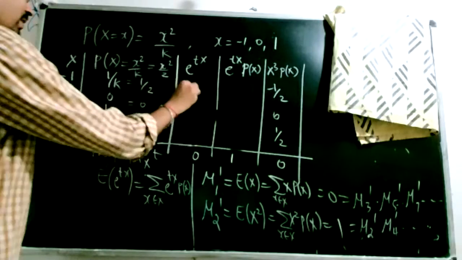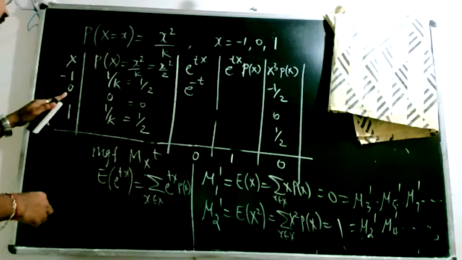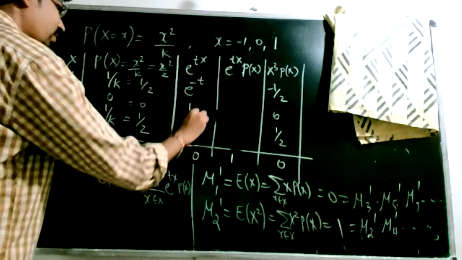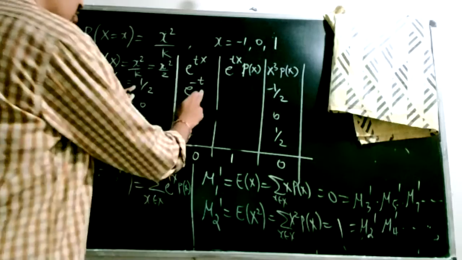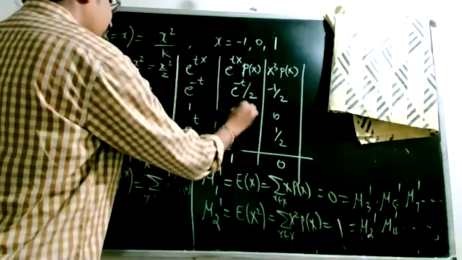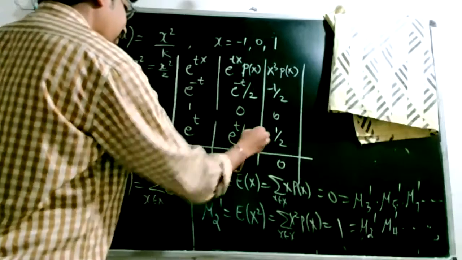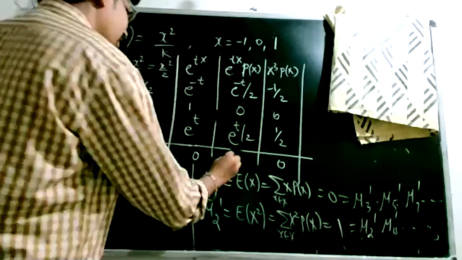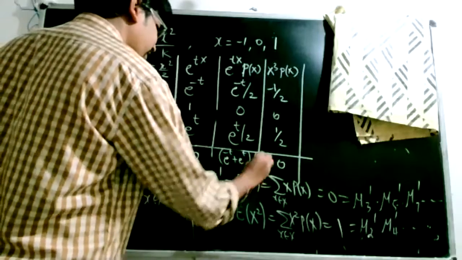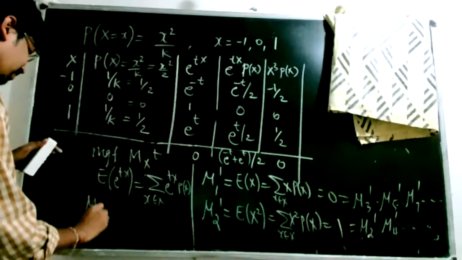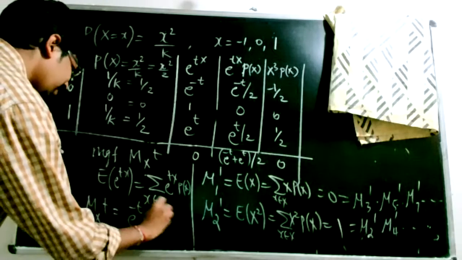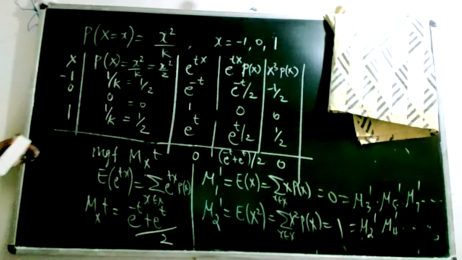When I have x is equal to -1, I get e power minus t. When I put x is equal to 0, I get 1. When I put x is equal to 1, I get e power t. So multiplying that with the probability, I get e power minus t by 2, 0, e power t by 2. So the total is e power minus t plus e power t all divided by 2. So my MGF mx of t is e power minus t plus e power t divided by 2.